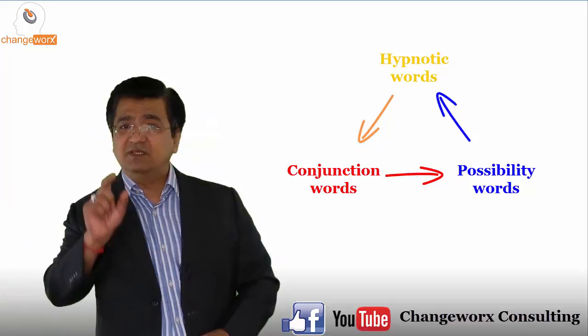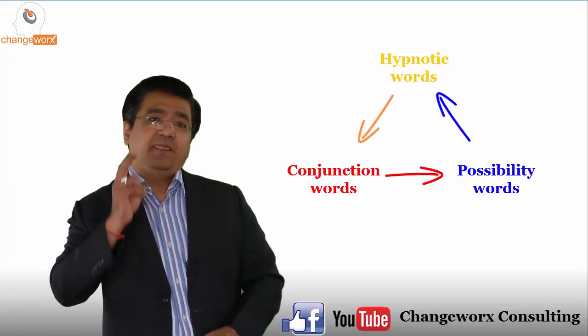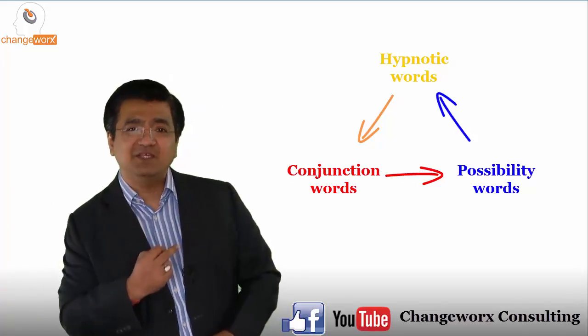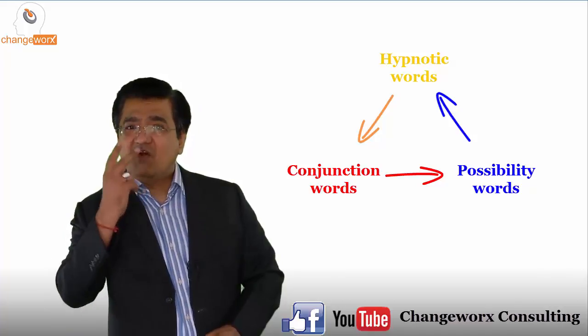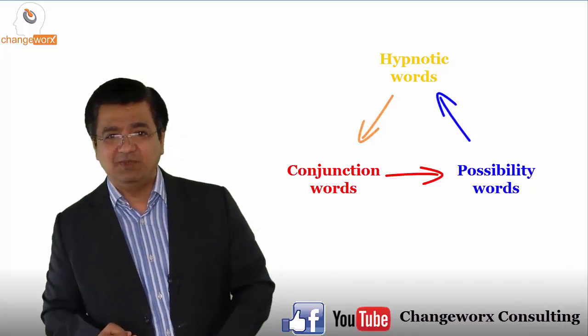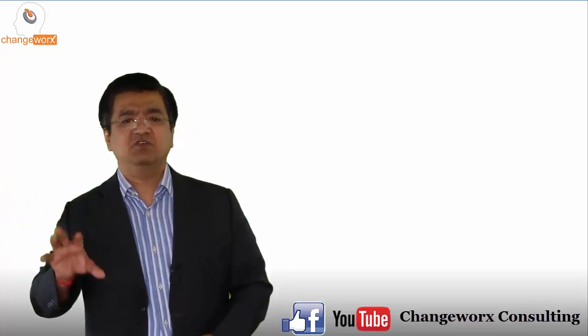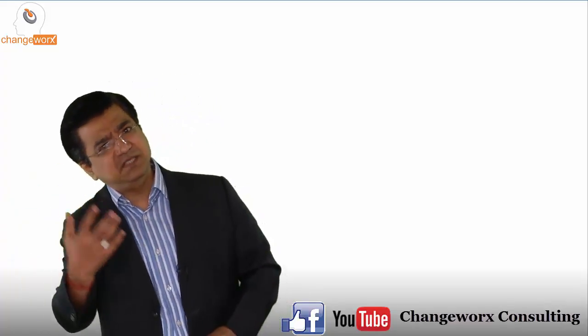We have just discussed the first two categories, the conjunction or the causal linkage words and the words of possibility and plausibility. So right now, we will just focus on mixing together the conjunction words and the words of plausibility and possibility and see how just these two words combination can create a hypnotic effect on the listener.